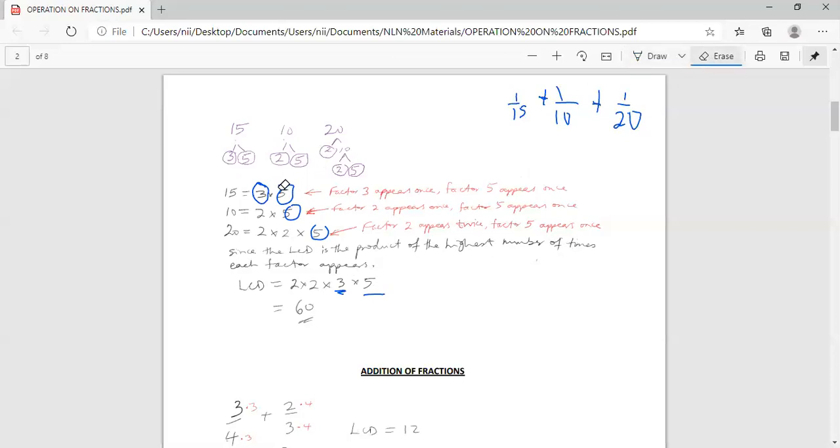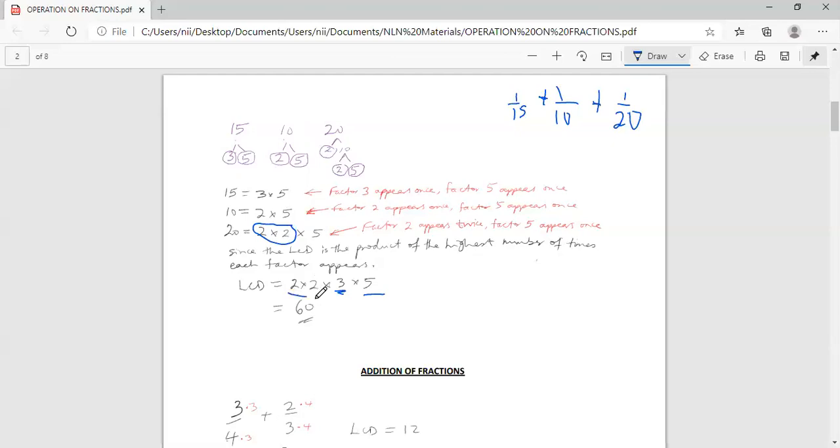Now what about 2? So let's look at 2. You have 2 here, it appears once here, but it appears twice here. So the highest number of times it appears, if we consider all these factored forms, is twice.